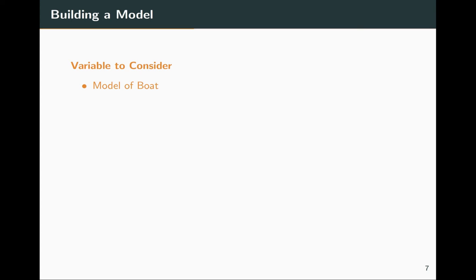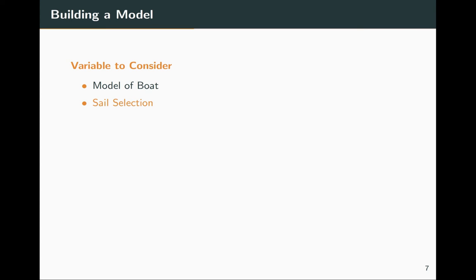Variables to consider, of course, the type of boat you're sailing makes a huge difference. If you have a huge 120-foot catamaran, you're going to have very different characteristics than you would in a little 14-foot dinghy. So the model of the boat makes a big difference.